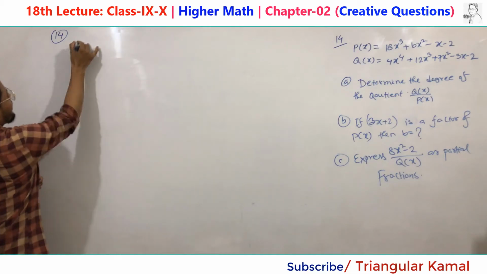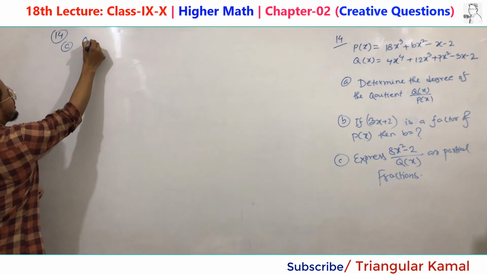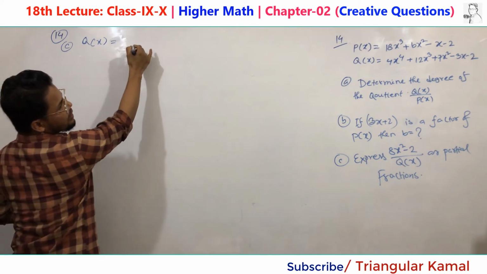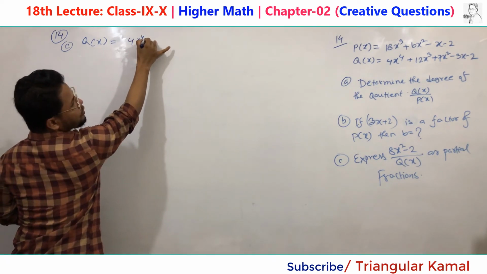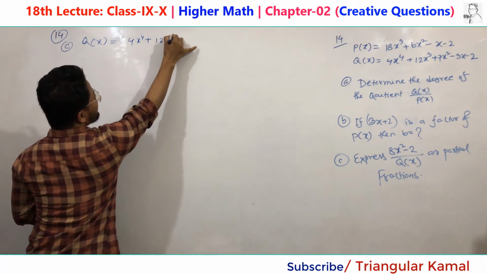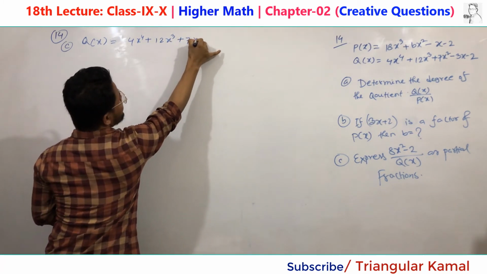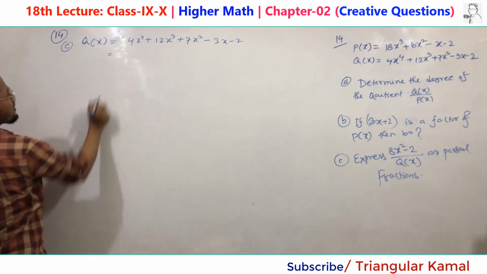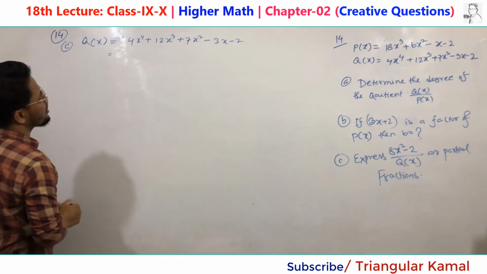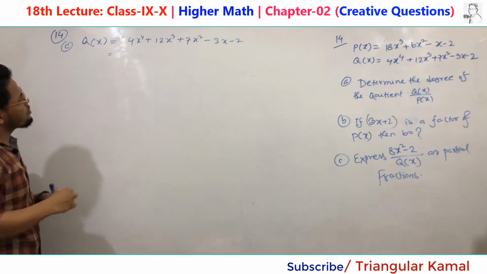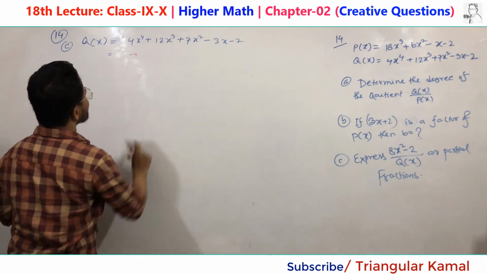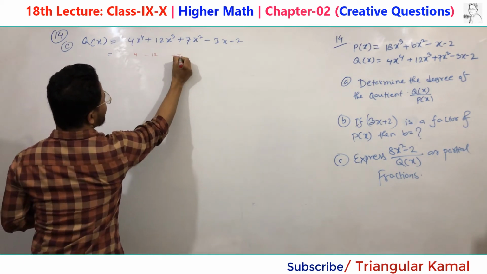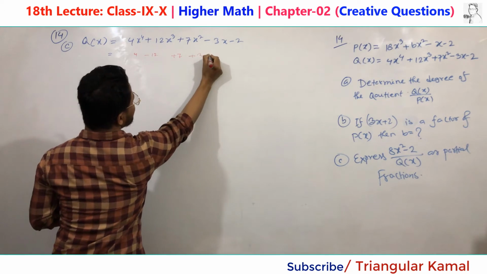Okay, here number C: q of x is given as 4x to the power 4 plus 12x cube plus 7x square minus 3x minus 2. Just give attention, if x equals minus 1, this one will be 4, this one will be minus 12, this one will be 7, this one will be plus 3, and this one will be minus 2.